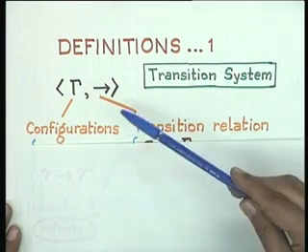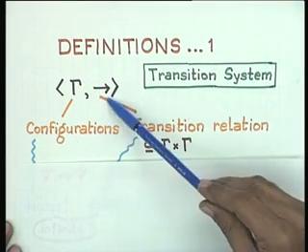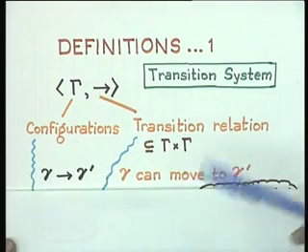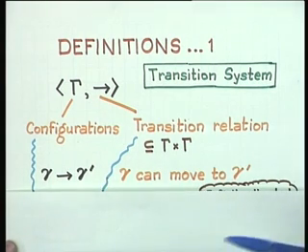So, this arrow is a binary relation on the configurations, and we will usually use it in an infix form. So, given two configurations gamma and gamma prime, we will say that gamma can move to gamma prime.